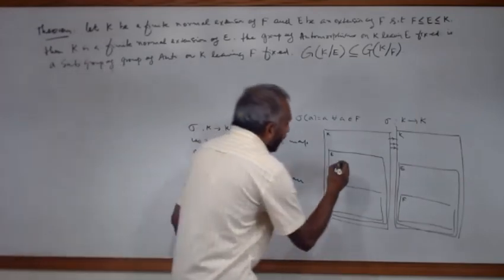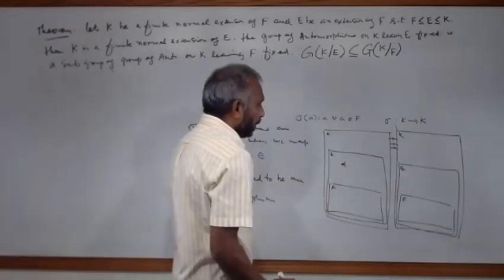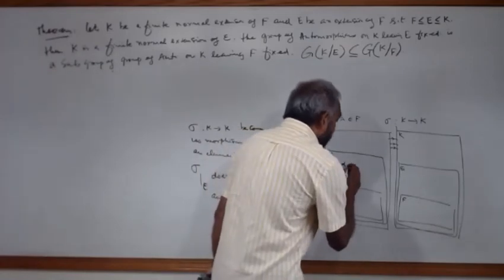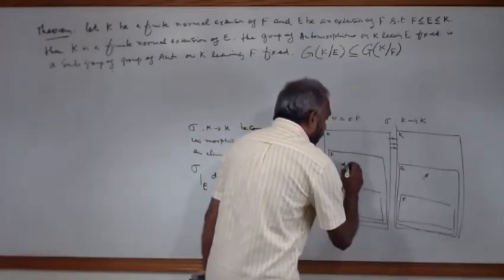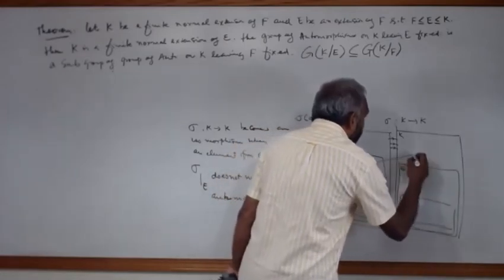Meaning if you take an element here, it may map to an element here but it's a different element, or it may map to an element even outside.